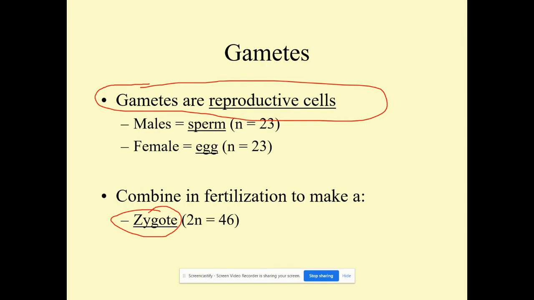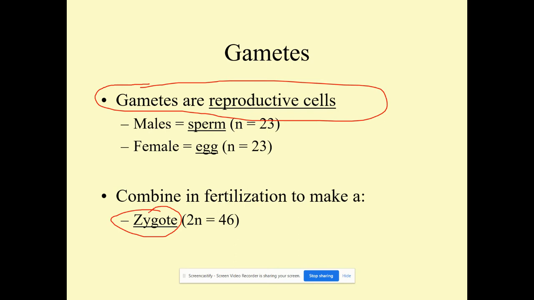Gametes are obviously extremely important for the continuation of a species. The interesting thing about them is that they are the only haploid cells in an animal or plant. The rest of the cells are diploid, but the sperm and egg cells, the gametes, are haploid.